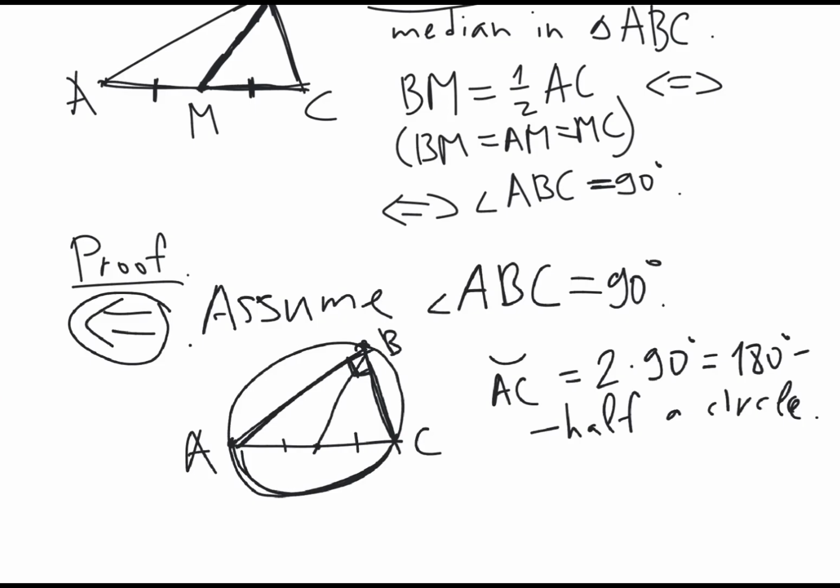Because it's half a circle, let me maybe draw it more carefully, because it doesn't look like a half circle here. Something like this. Because it's a half circle, it means that AC is a diameter.